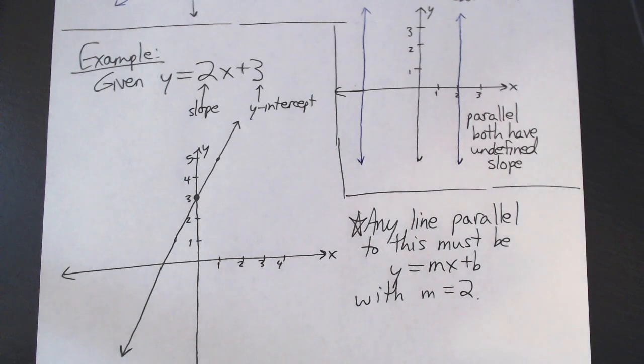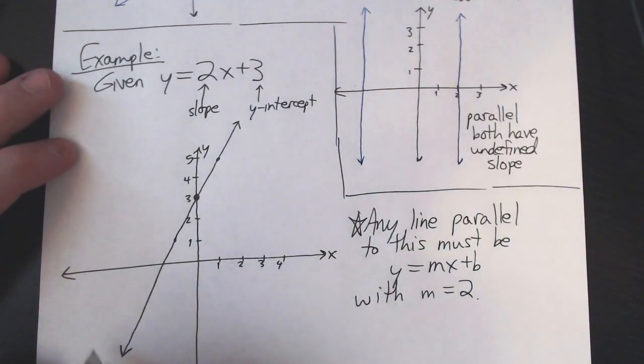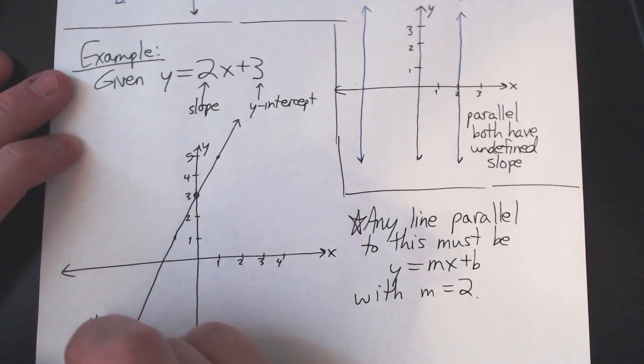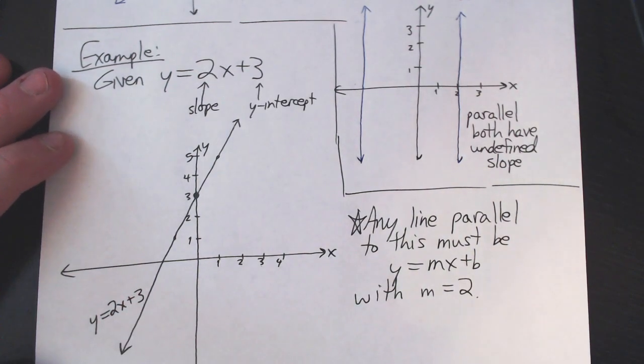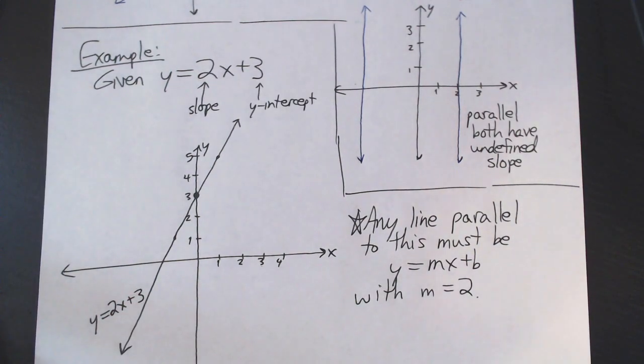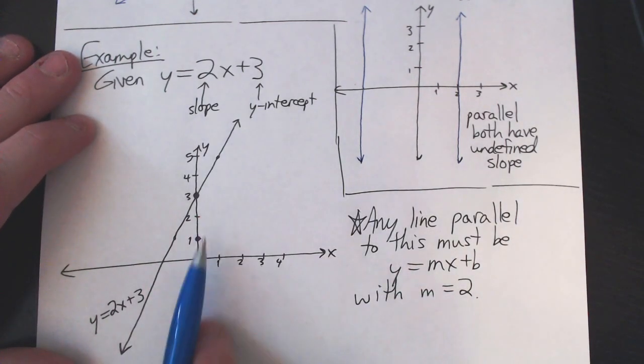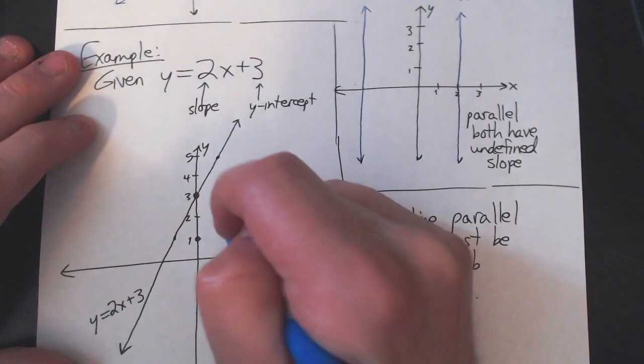So the only thing that can really be different about it is the y-intercept, like the b. B could be different. So y equals 2x, how about y equals 2x plus 1? Here, let's label some of this stuff so that I'm about to draw more stuff on this picture so that we don't lose track. Let's remember that this is y equals 2x plus 3. I'm going to draw y equals 2x plus 1. That has a y-intercept of 1 and the same slope.